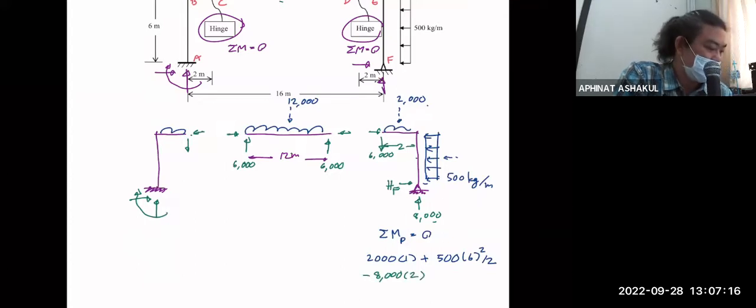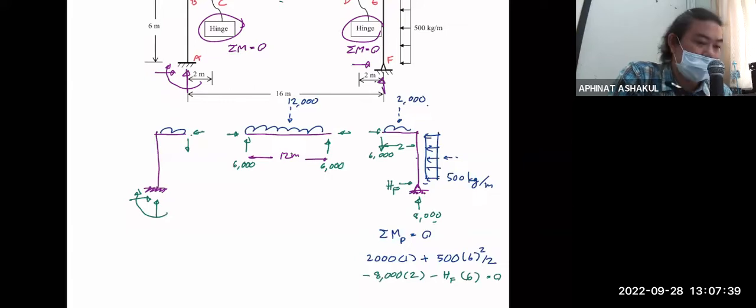And then, if you assume that HF is going to go that direction, minus HF multiplied by the moment arm, which is the height now, 6, equal to 0.